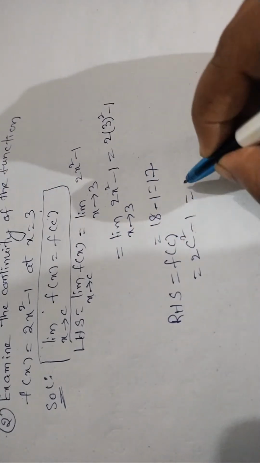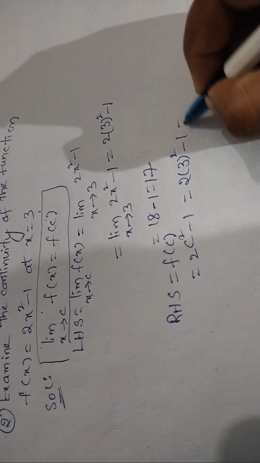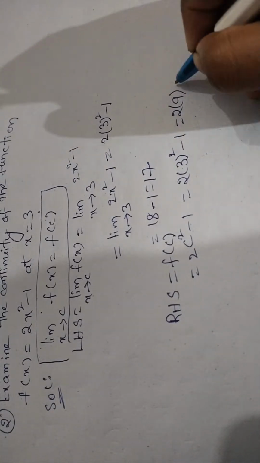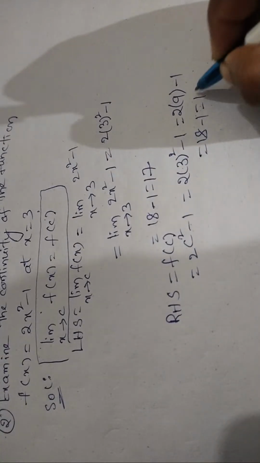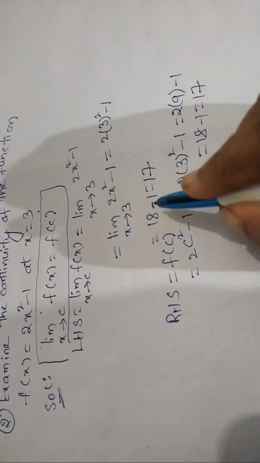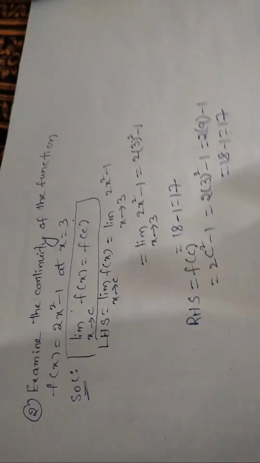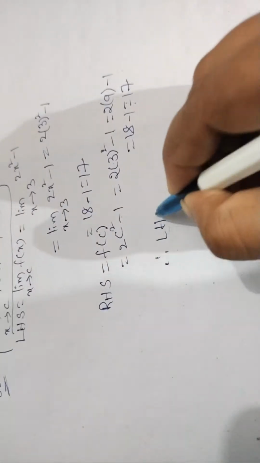So here c is 3. 2 into 3 square minus 1. So again 2 into 9 minus 1. That is 18 minus 1, that equals 17. Now we got LHS, RHS both are same. Therefore LHS is equal to RHS.